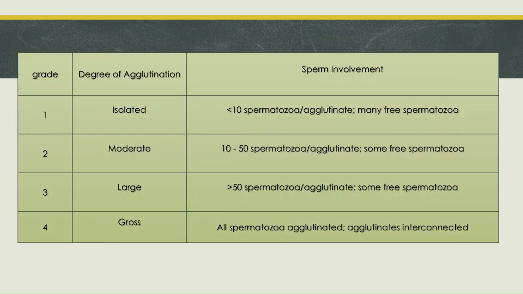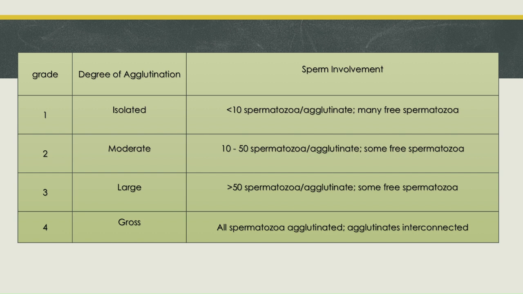Grade 1. Degree of agglutination: Isolated. Sperm involvement: less than 10 spermatozoa/agglutinate, many free spermatozoa. Grade 2. Degree of agglutination: Moderate. Sperm involvement: 10 to 50 spermatozoa/agglutinate, some free spermatozoa.